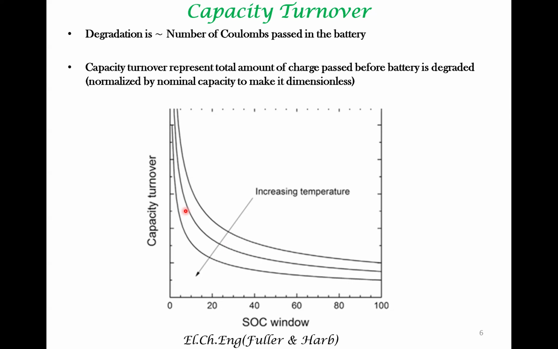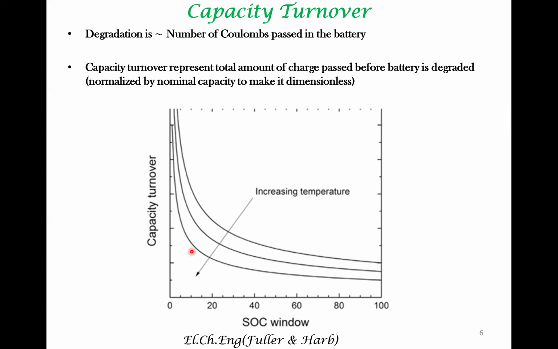In addition, most of the degradation mechanisms are activated processes. So when you increase the temperature, the degradation also is hastened. Therefore, the turnover number also decreases. Therefore, in a country like India, tropical battery itself is an important topic.